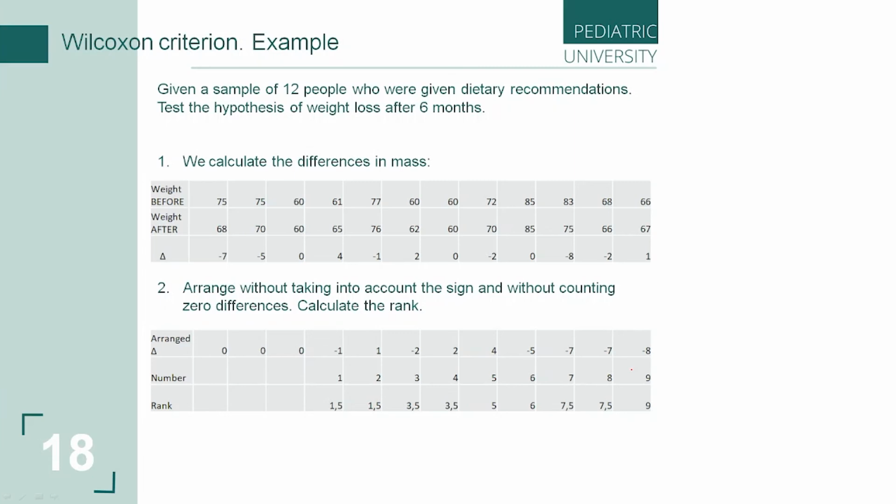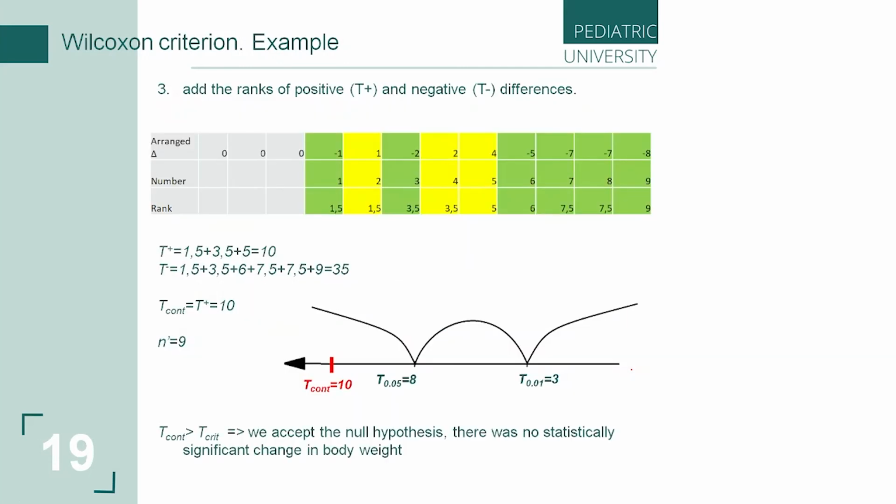And now we should add up the ranks of positive values, which are highlighted in yellow, and the ranks of negative values, highlighted in green.